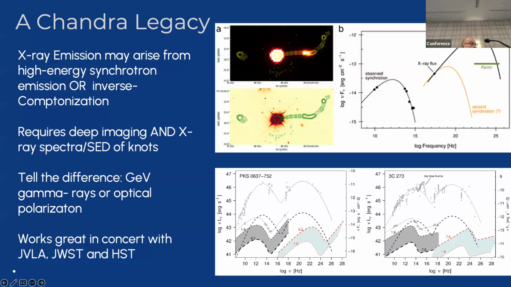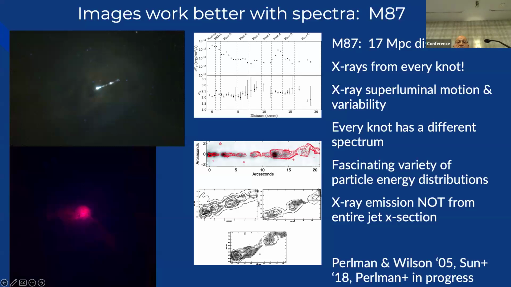So the GeV gamma rays are a second way you can tell the difference. The two results basically agree. Now, all of this works great in concert with future observatories. So in particular, JVLA, JWST, HST, well, HST no longer future, of course.